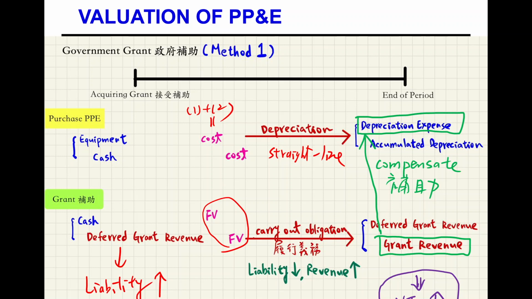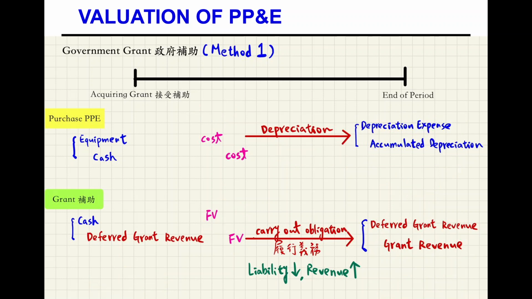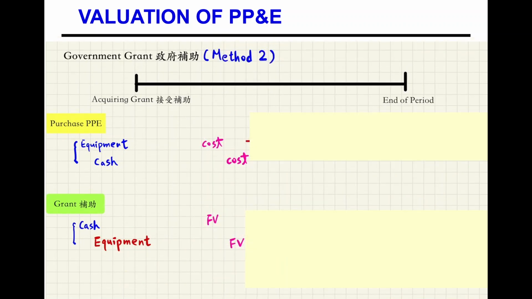Okay, how about second method? Second method is when you don't use liability, you use what? You use equipment. So you should understand this equipment means what? Cost of equipment decreases, because you got some money from the government, which makes you spend less money to buy your equipment.